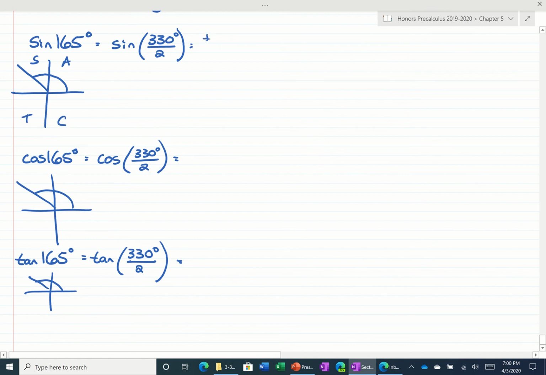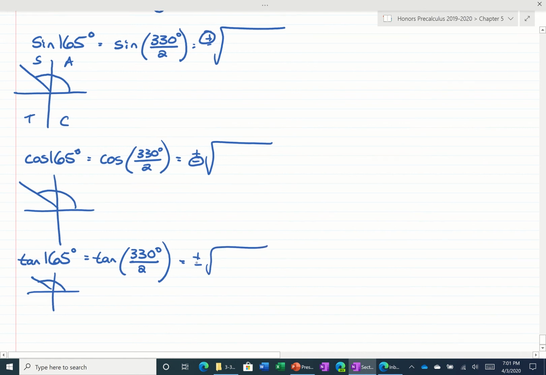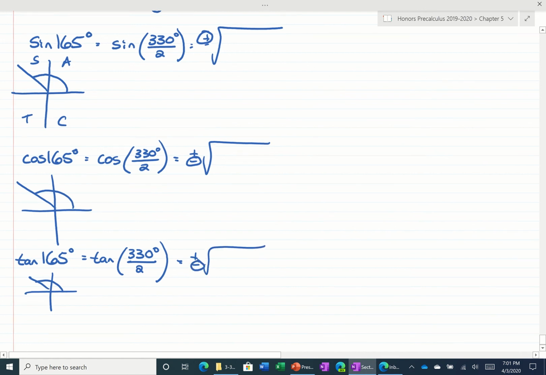So instead of saying plus or minus here, we're just going to be using the positive. Cosine in the second quadrant would be negative, and tangent in the second quadrant would be negative. So that's how that works. And that's how we determine if it's positive or negative as we look at the original angle.